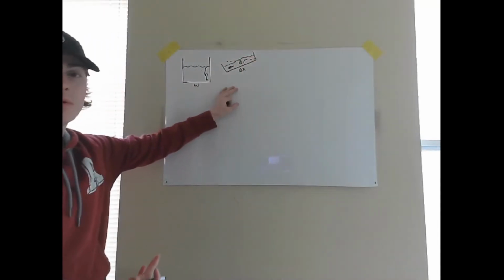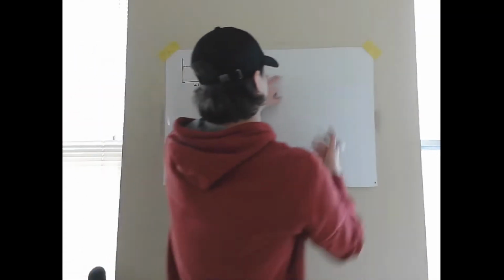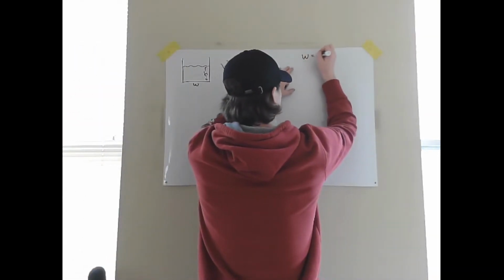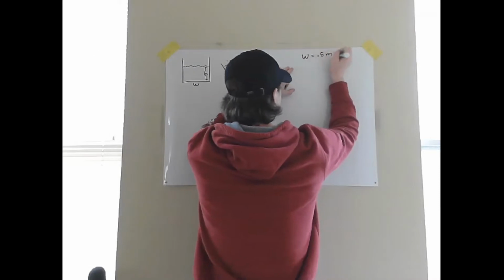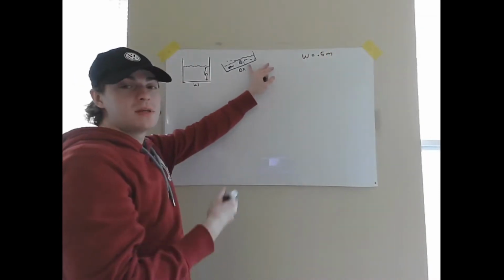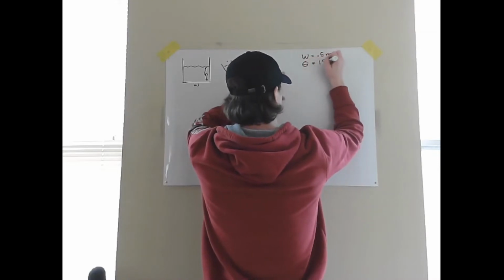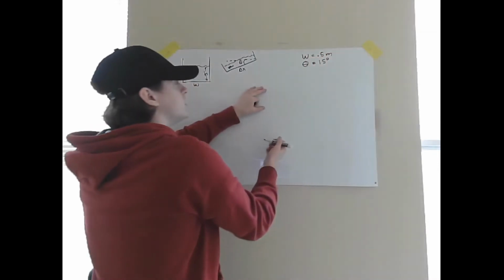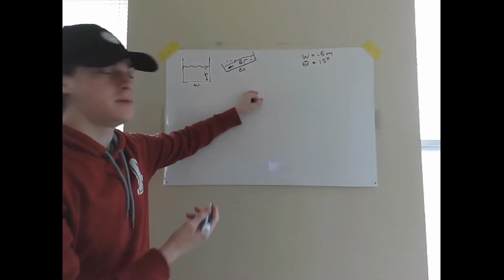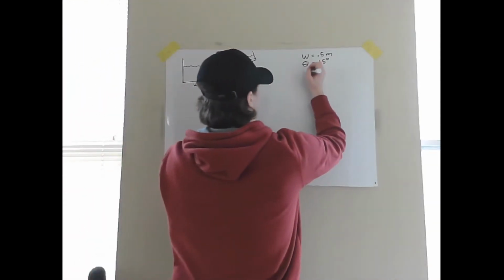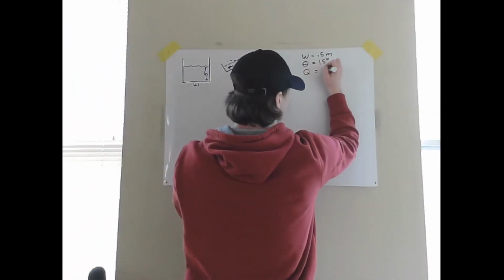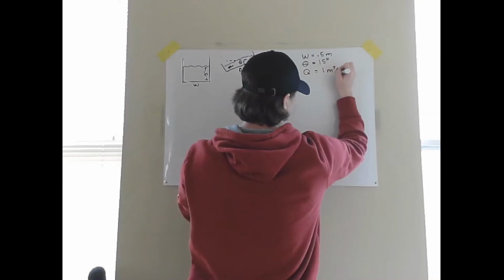So in this problem, we are given W, the width of the channel, and that is 0.5 meters. We're given theta, the angle that the channel's at, which is 15 degrees. And we're also given the volumetric flow rate of water going through the channel, which is 1 meter cubed per second.